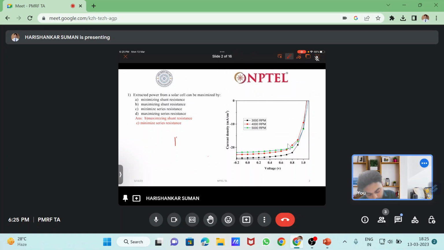The solution is dropped like that, and there is our spin coater, rotating, with a substrate: our FTO or FTO with ETL layer, then perovskite. I have coated perovskite, then HTL and the electrode contact, gold contact. This is the structure.